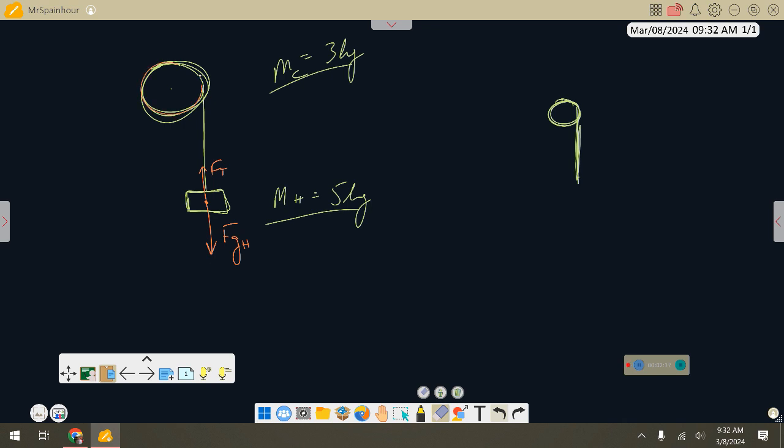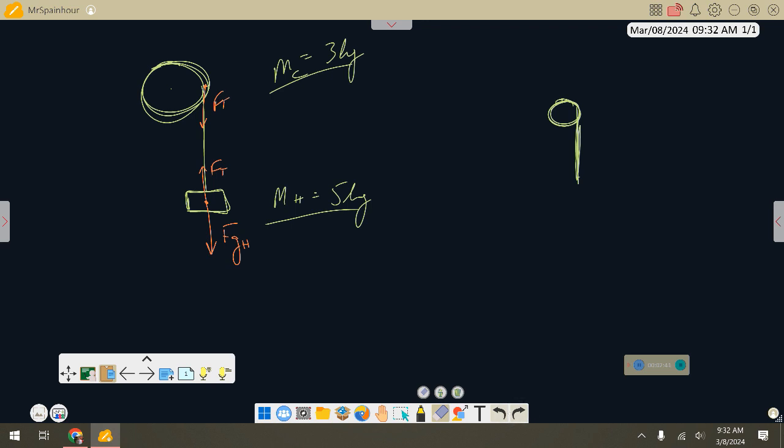Now this roll or cylinder right up here is definitely going to be rotating. So that tells me that I need to do an extended force diagram on it. So what is my extended force diagram? Well, for starters, over here on the side, I would have force tension pulling down on that rope. These two guys right here are in fact the third law pair of each other, so I know they are equal to one another.